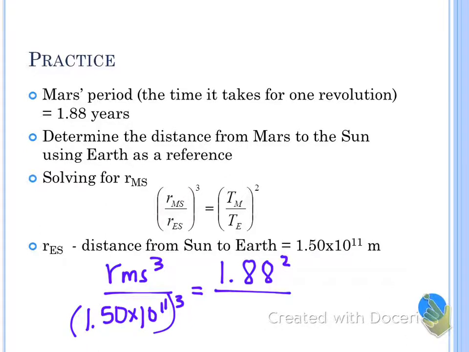What's the period of the Earth in years? Yeah, 1 year. 365 days, so 1 year. Okay, does that make sense? Seeing where those numbers came from?